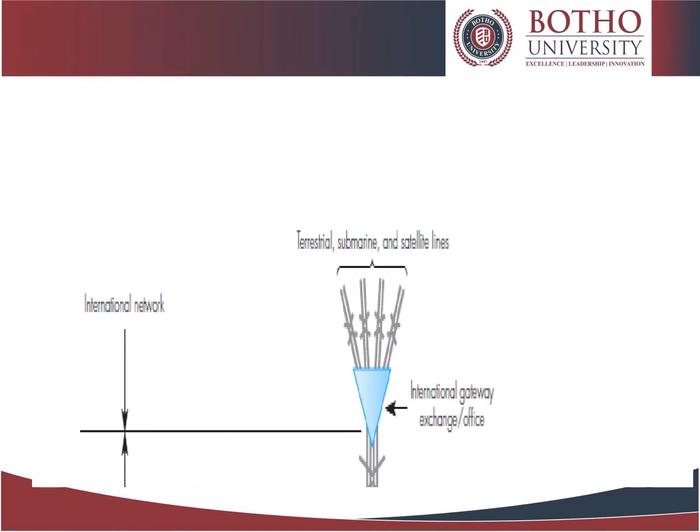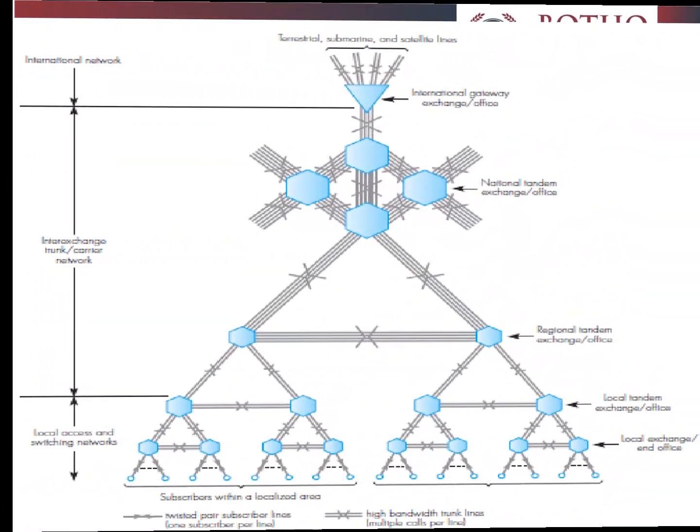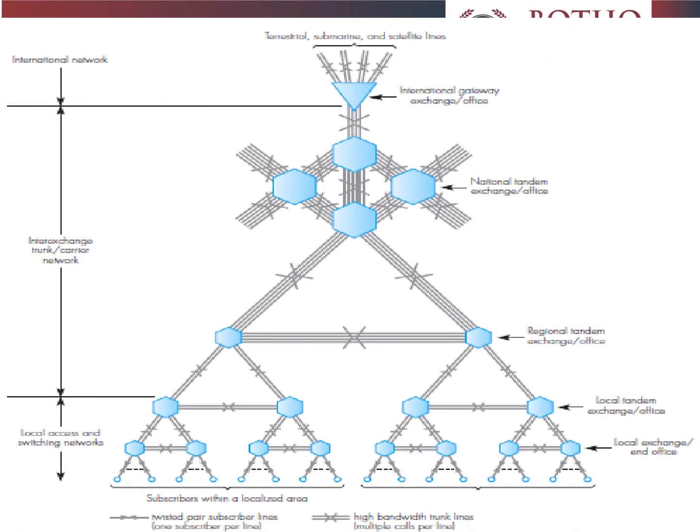These are concerned with the transmission and switching of calls internationally between the different national networks. Associated with each national network is an International Gateway Exchange. Each subscriber within a localized area is connected to an LE, the local exchange or end office, EO, in that area by a dedicated circuit which, in the case of most homes and small offices, is twisted pair wire cable.